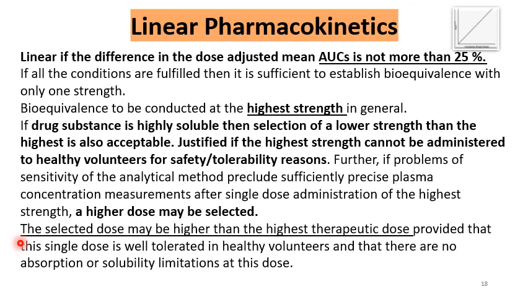That means if your higher strength is 100 mg and there is a dose of 2 tablets at a time, that means 200 mg. So that 200 mg dose can be taken, and the higher dose can be justified based on the safety, tolerability profile and the bioanalysis sensitivity.